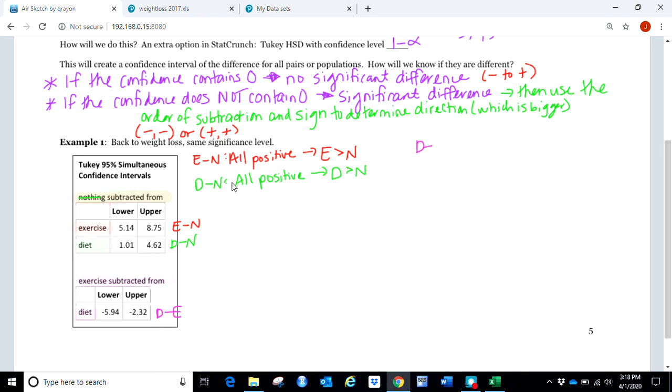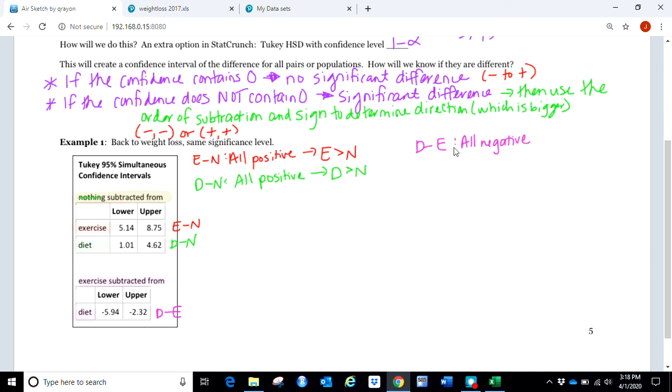Finally, for my third confidence interval here, comparing the diet and exercise, this time we got a negative 5.94 to negative 2.32. So here they're both negative, so again it does not contain 0. So these are also going to have a significant difference.